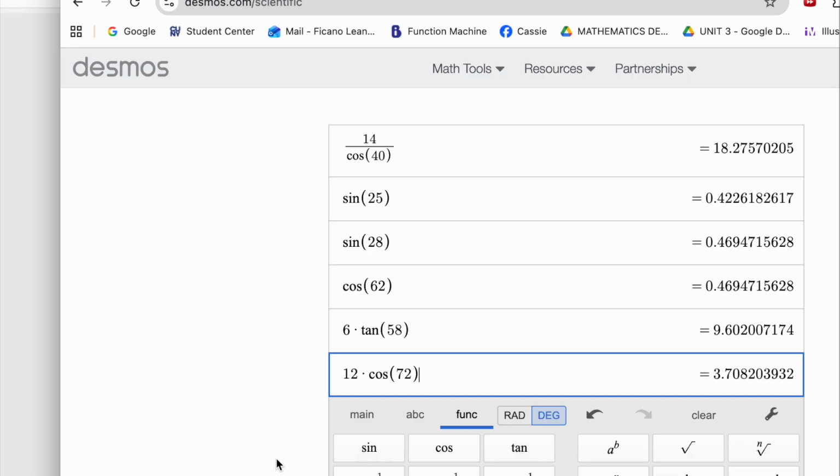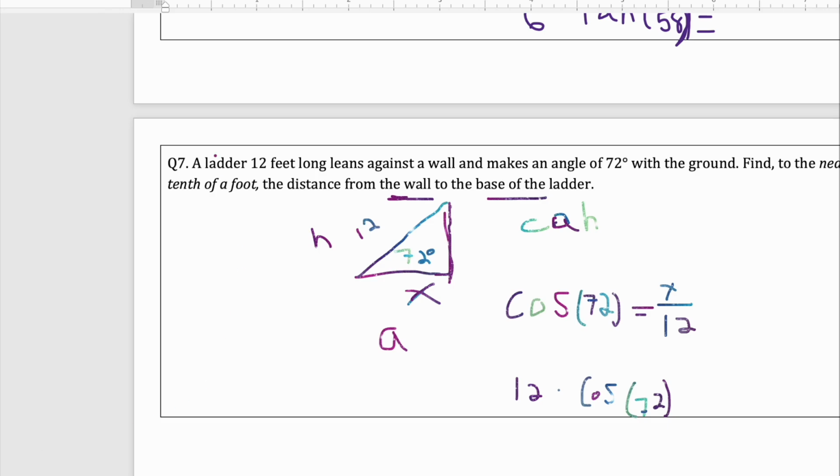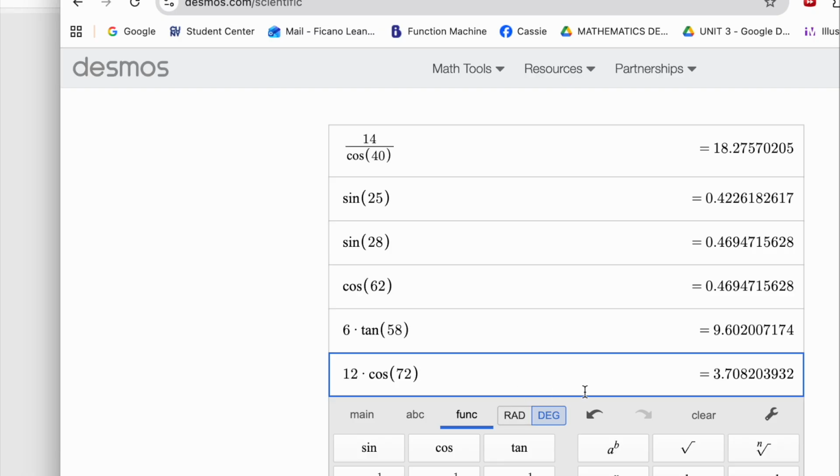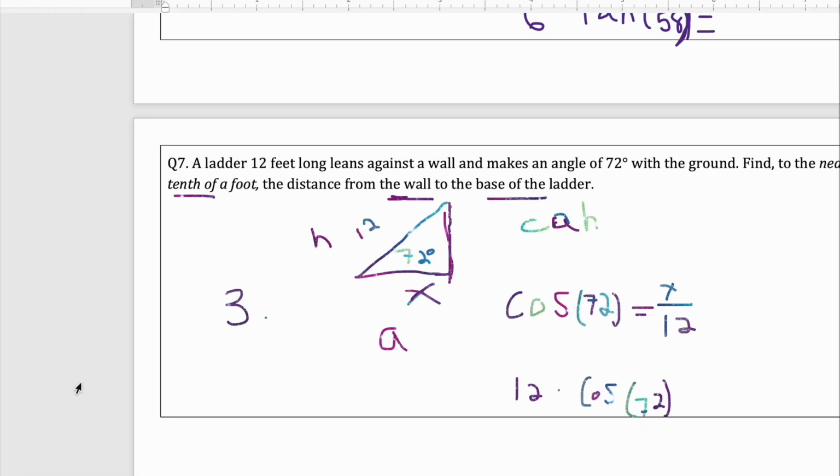And that's 3.708, and we want this to the nearest tenth of a foot. Wait, what was the number? 3.708. 3.70, so that's going to be 3.7. So it is a distance of 3.7 feet.